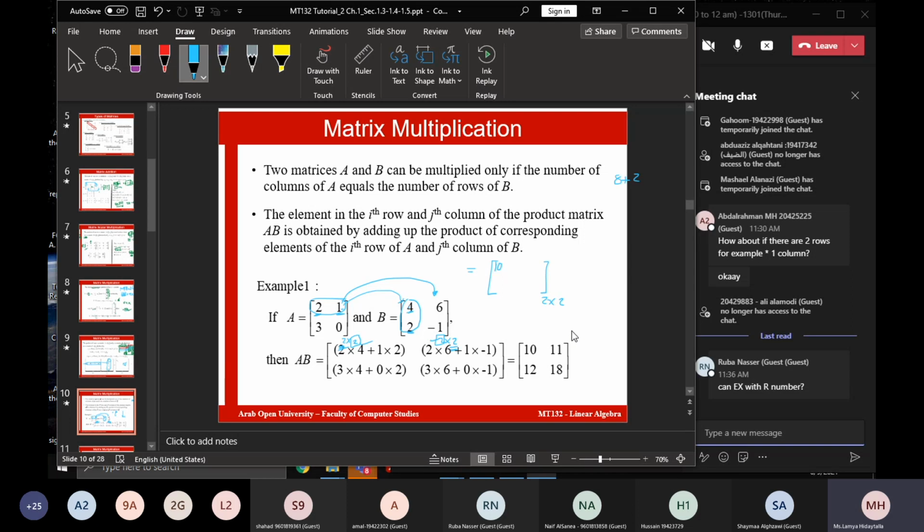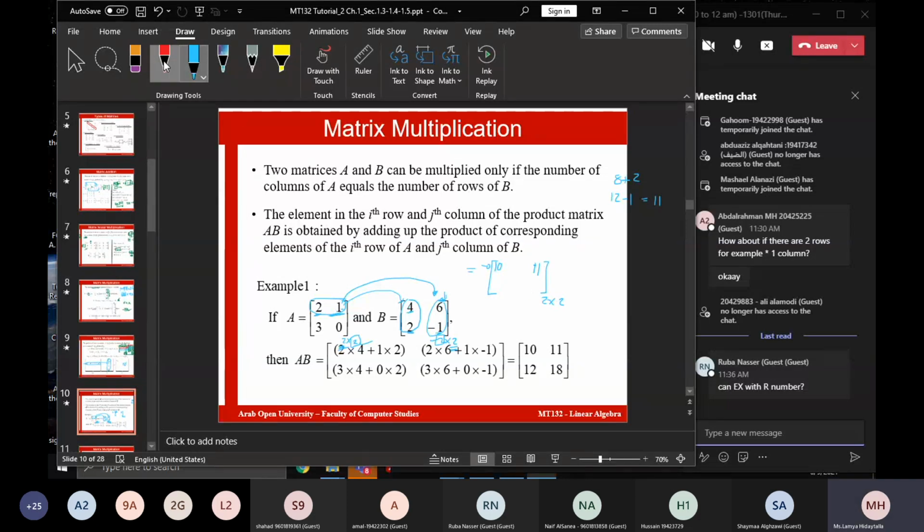So it's going to be 2 times 6, this is 12. Plus 1 times minus 1, this is minus 1. 12 minus 1, this is 11. So this is the first row and this is the second column, so it becomes 11.